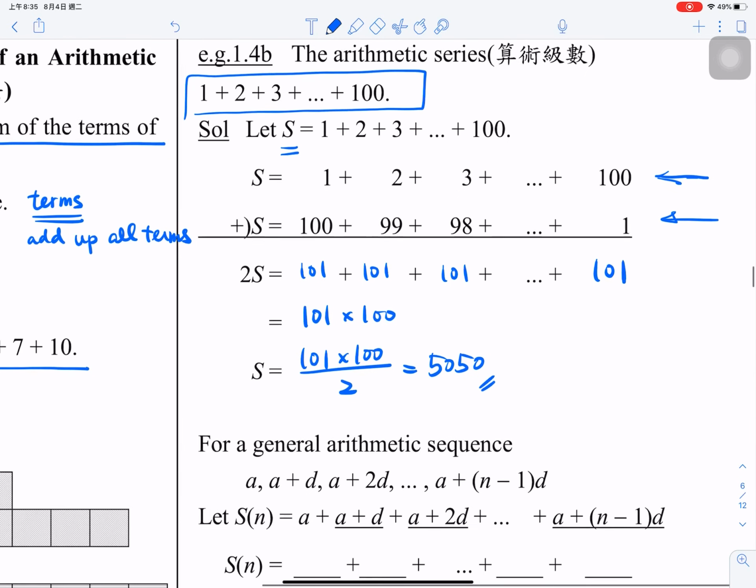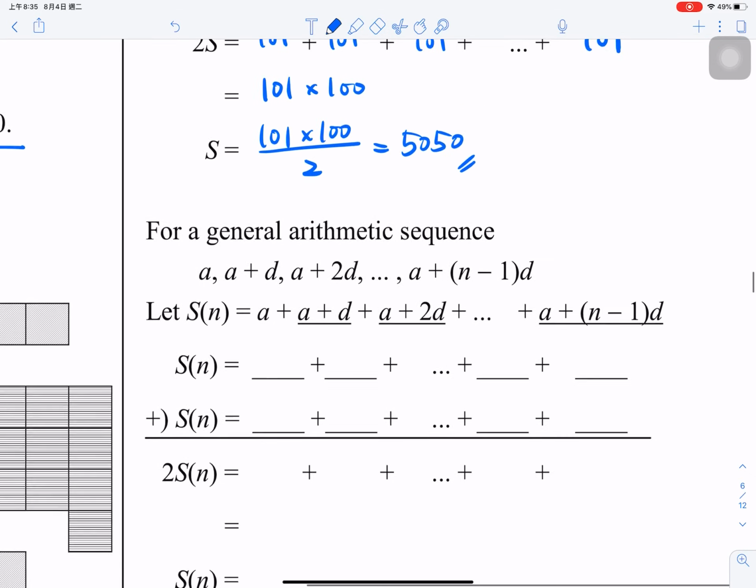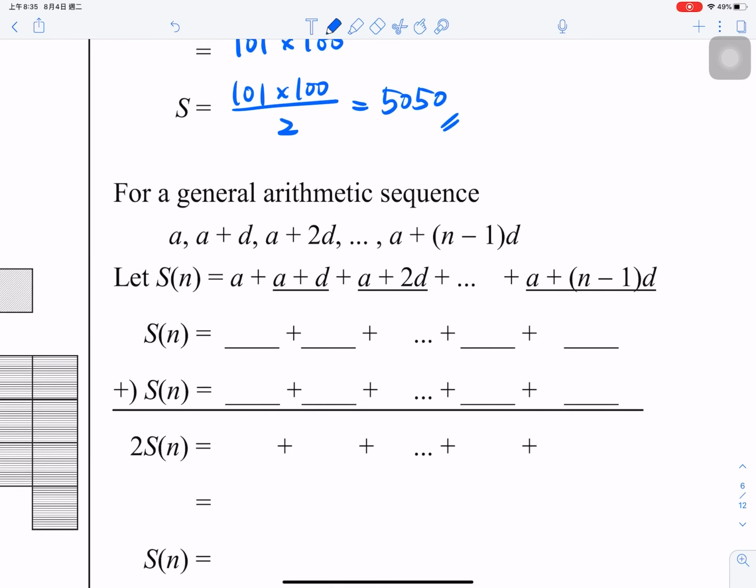Right. So for a general arithmetic sequence: A, A plus D, A plus 2D, and then up to A plus n minus 1 D. Ask yourself the first question: how many terms are there?